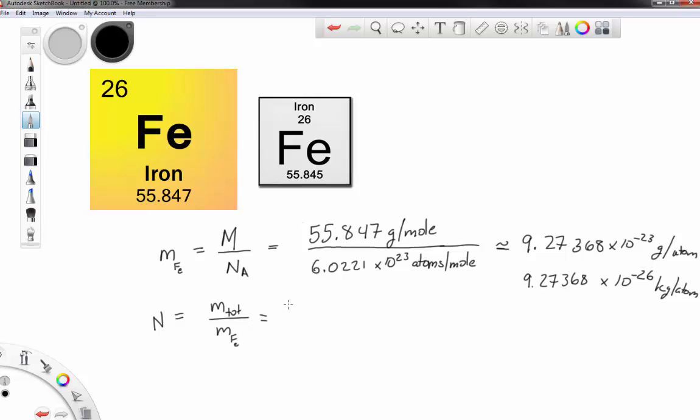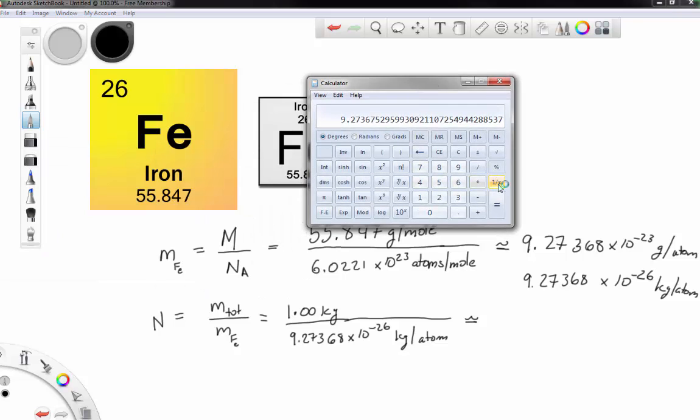We had 1.00 kilogram, and we're dividing this by 9.27368 times 10 to the minus 26 kilograms per atom. That's kind of a mouthful to say, so whip out that calculator. Basically we do a 1 over x thing.